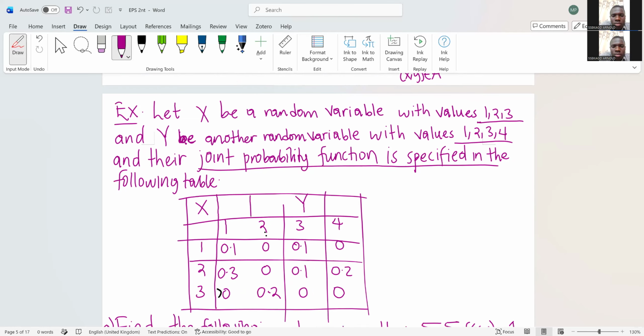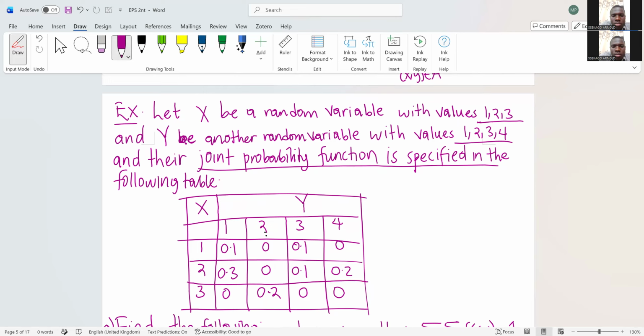For this table, we have X. You see, I think now there's something I'm not putting right. Something I'm not putting right. This table is given.